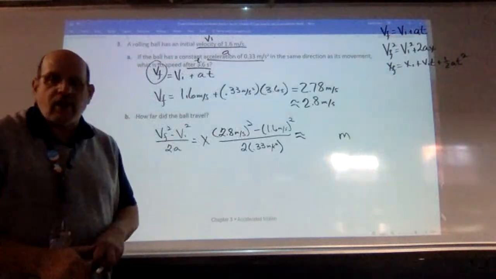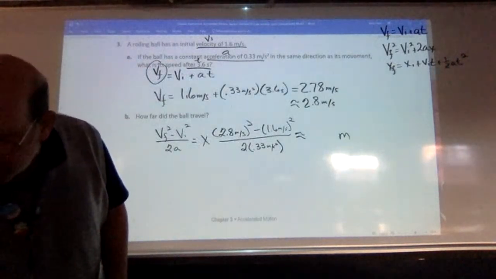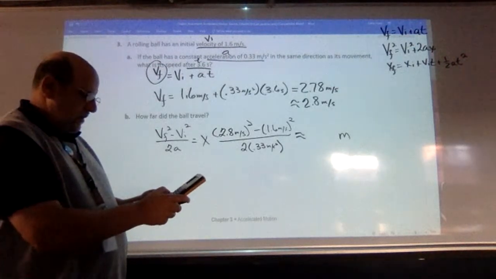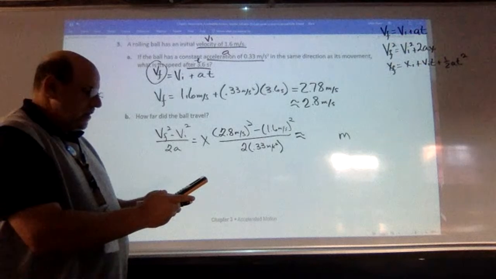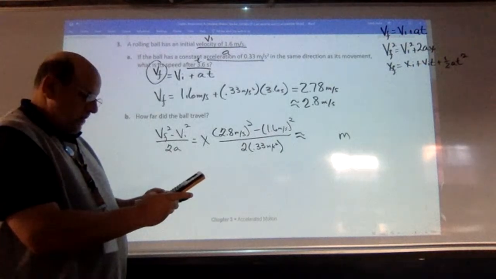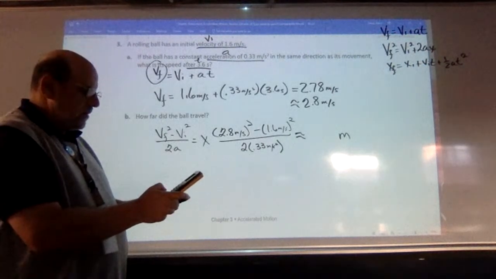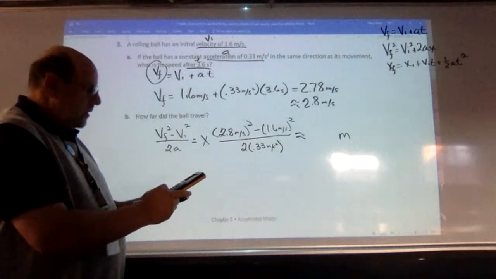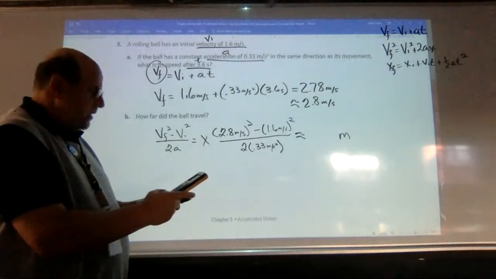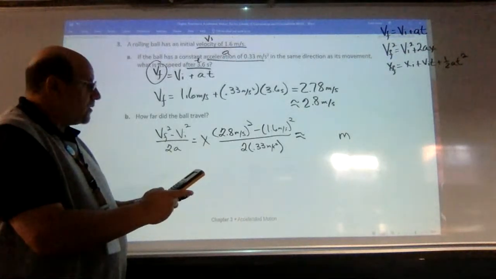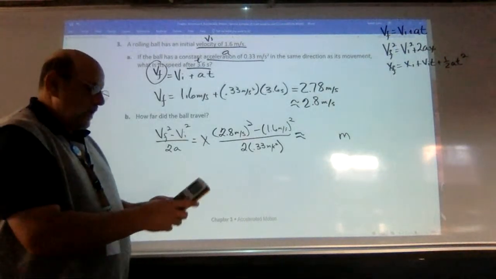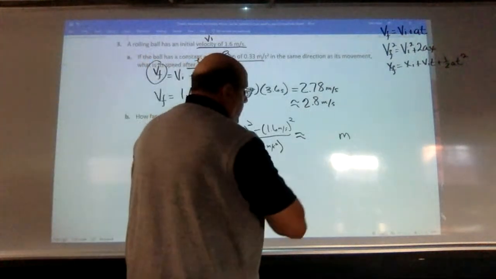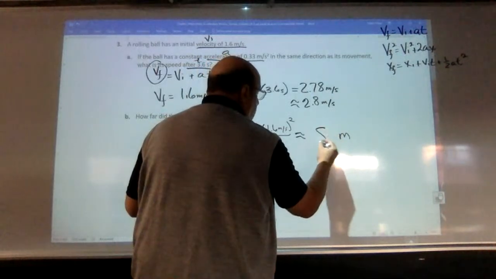Okay, so we get out our handy dandy calculator one more time, and I'll put it in. Divided by, and we come up with 8 meters, right?